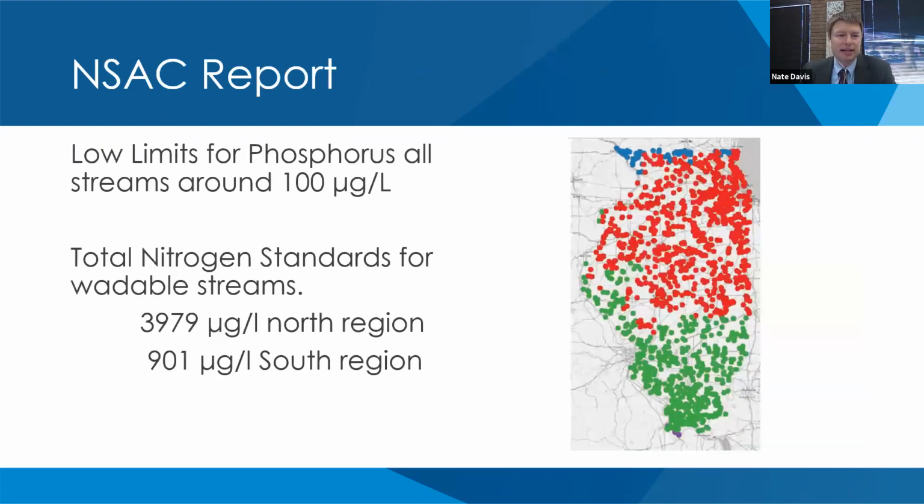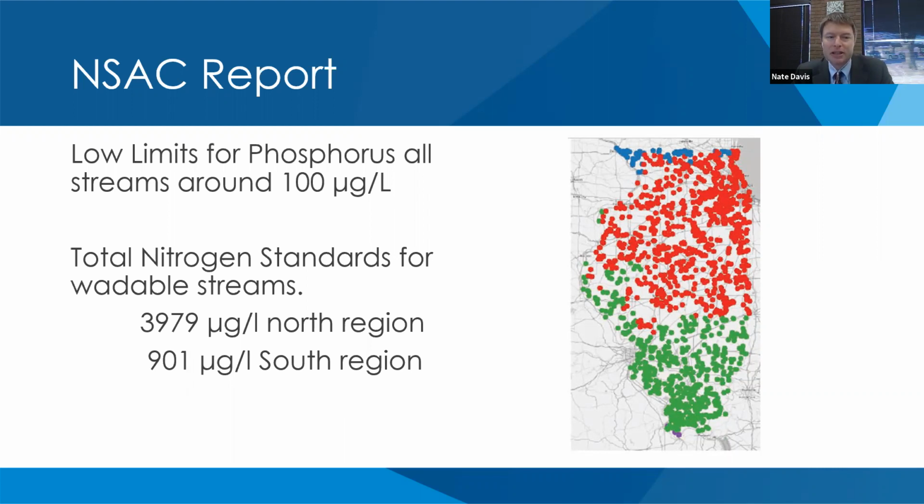And as you can see here on the next slide, the Nutrient Science Advisory Committee came out with a report in 2018, and they actually recommended extremely low phosphorus limits. It varied depending on where you're at in the state, but really all the limits were around 0.1 milligrams per liter for total phosphorus.